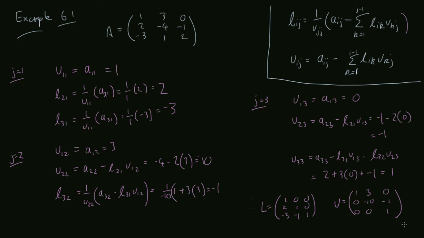Now, the useful thing about LU factorisation is we can actually check that. So once we've factorised something, we can check it. So I'm just going to write down what we just calculated. So that was our L matrix we just calculated, and U was this one here.